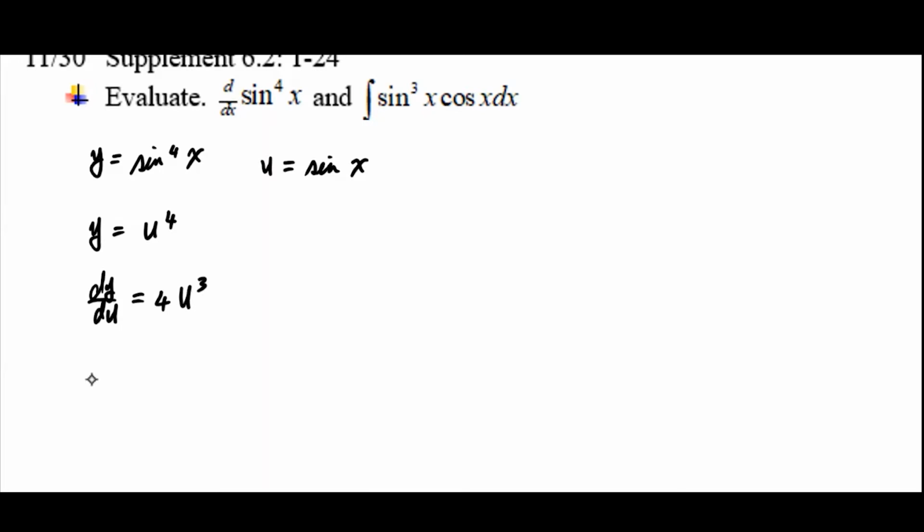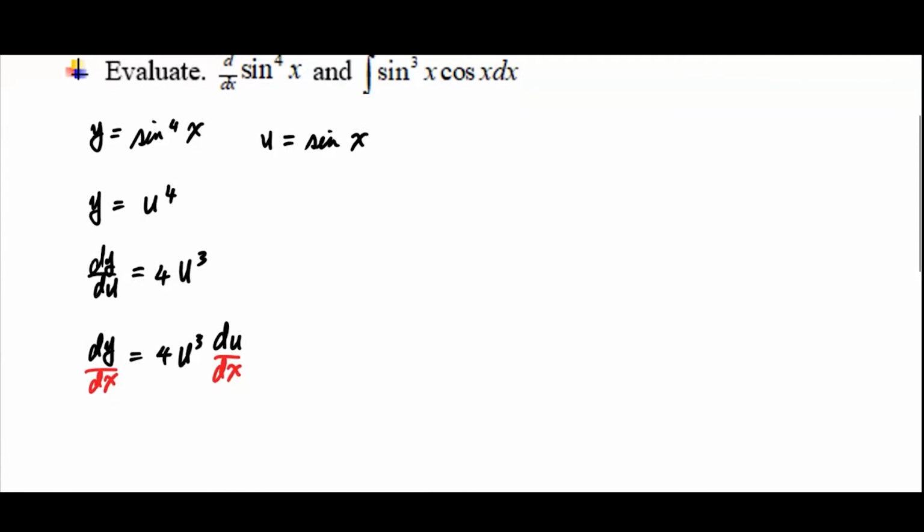Now here's something that got weird. dy is equal to 4 u to the 3rd power, and then du. I moved that du over here, right? Now what I did back then was divide both sides by dx. Good. Now let's check.